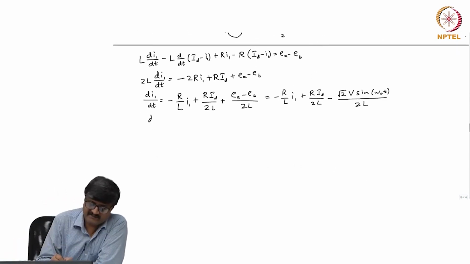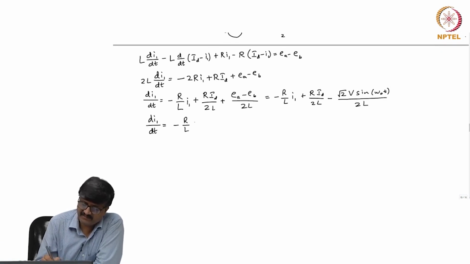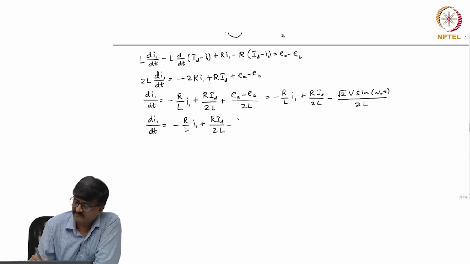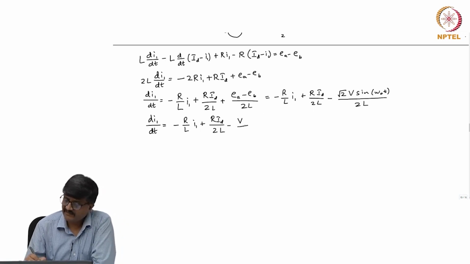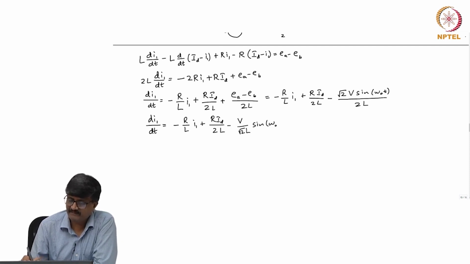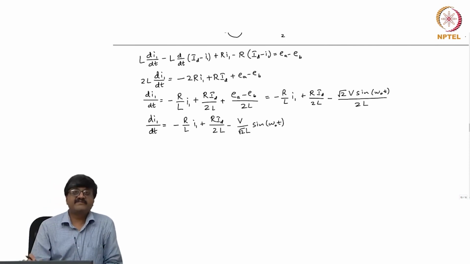So, I can finally write this as dI1/dt is equal to minus R by L I1 plus R Id by 2L minus V by root 2 L sin omega o t. So, this is in the standard form.